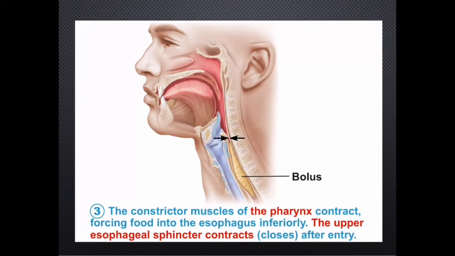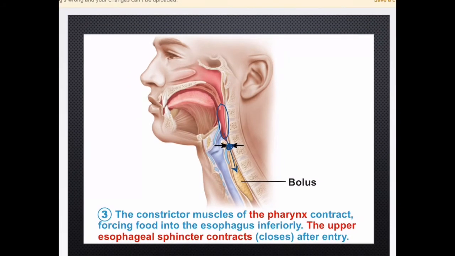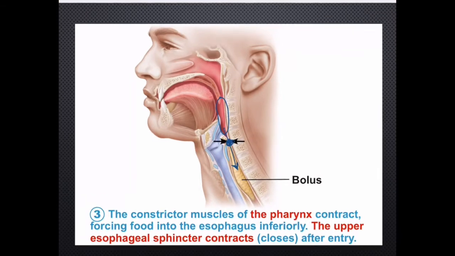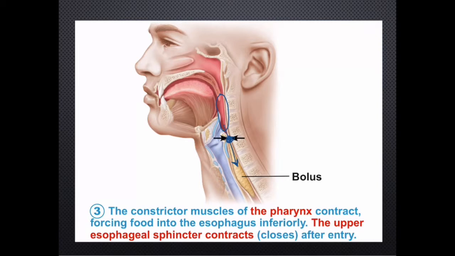After that, the food is going to be passing from high pressure created within the oro and the laryngopharynx to the esophagus, which had a lower pressure. You're going to be contracting here the muscle that allows the entrance of the food from the pharynx to the esophagus, and this is what we're going to call on here my upper esophageal sphincter.